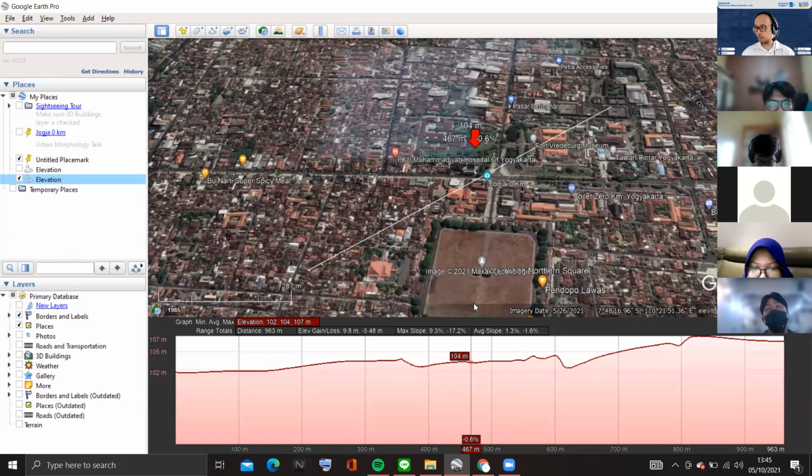Groups from Manado, Bandar Lampung, Pontianak, Denpasar, Padang. Do you also have difficulties finding images of the pre-colonial era?